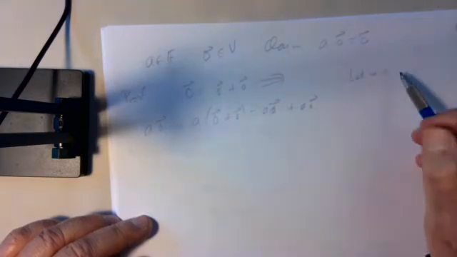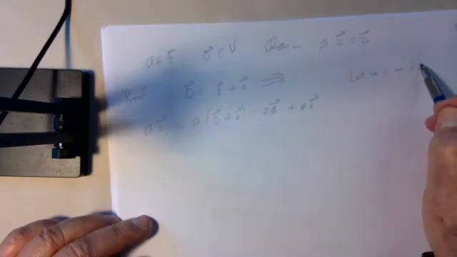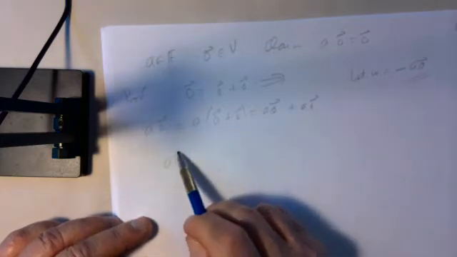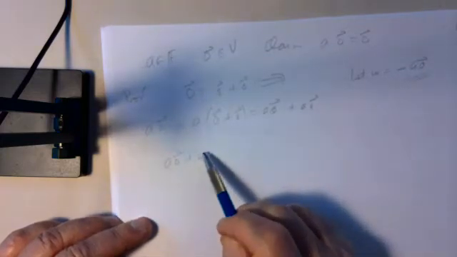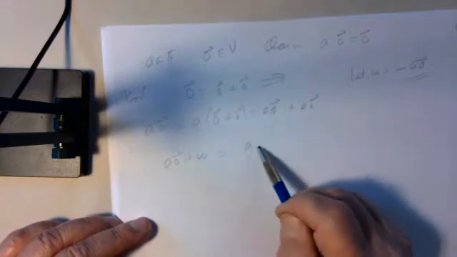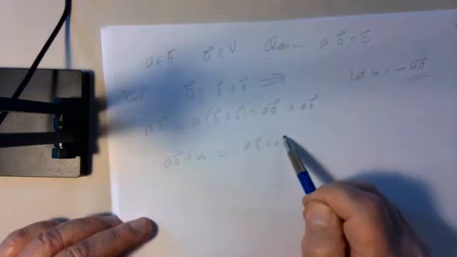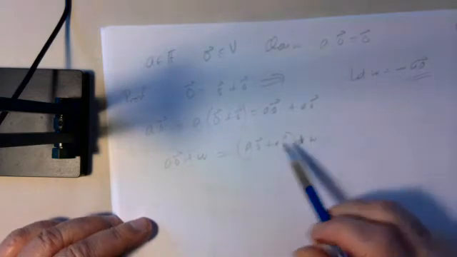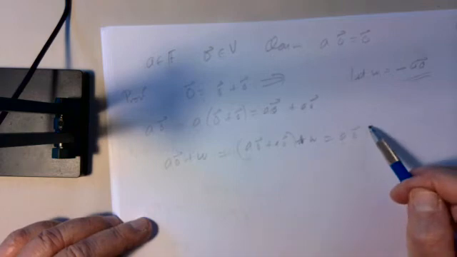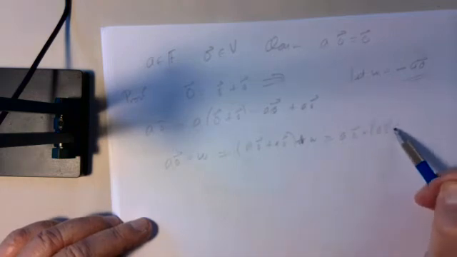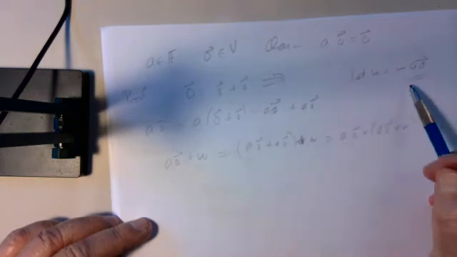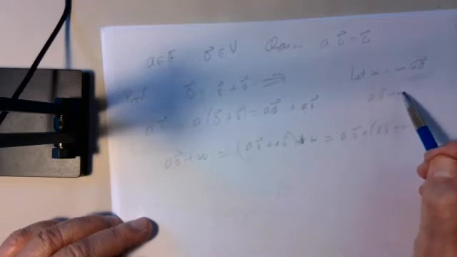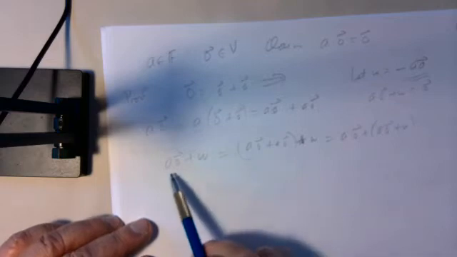Suppose I let w be the additive inverse of a times the 0 vector, whatever that is. So a times the 0 vector plus w is a times the 0 vector plus a times the 0 vector plus w. By associativity, this is a times the 0 vector, a times the 0 vector plus w. But this says that a times the 0 vector plus w is the zero vector.